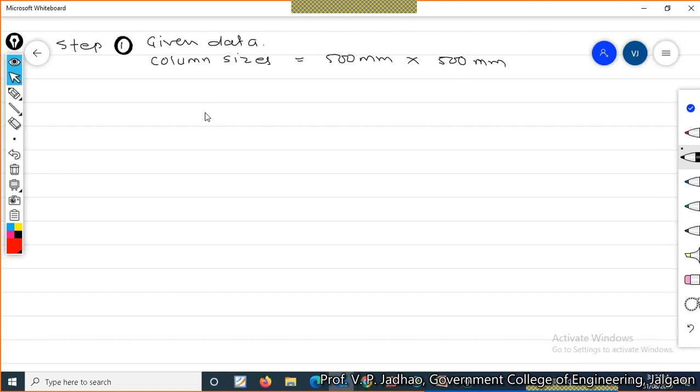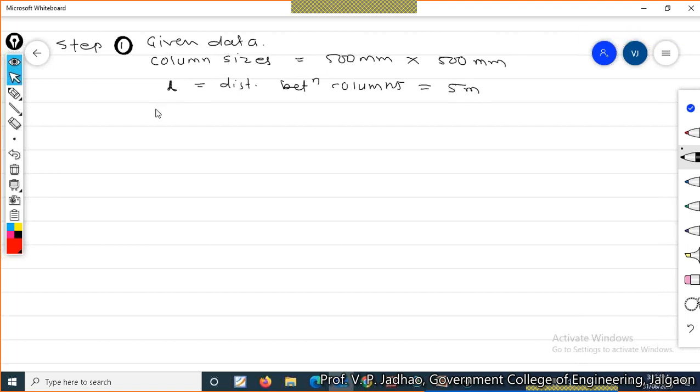The value of small l, that is the distance between columns, is given as 5 meter.